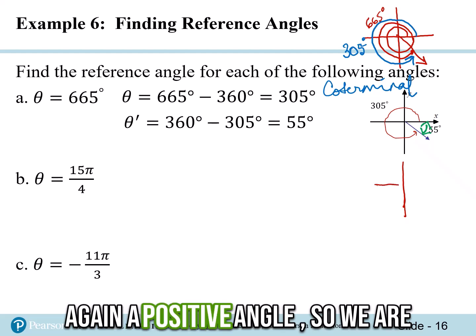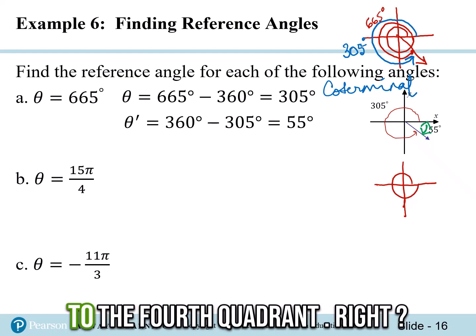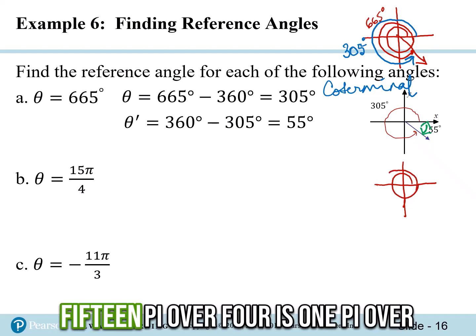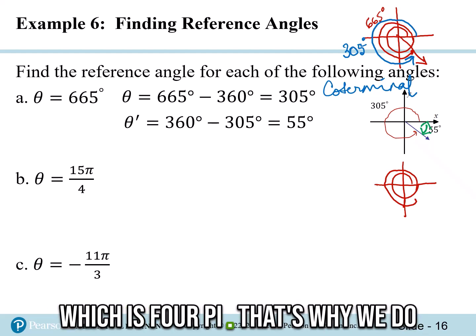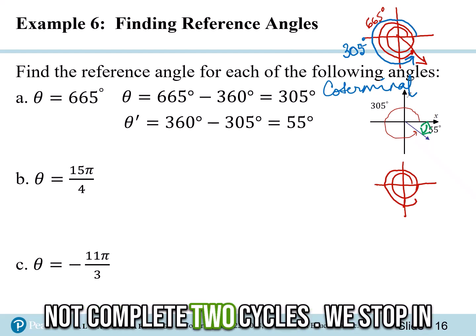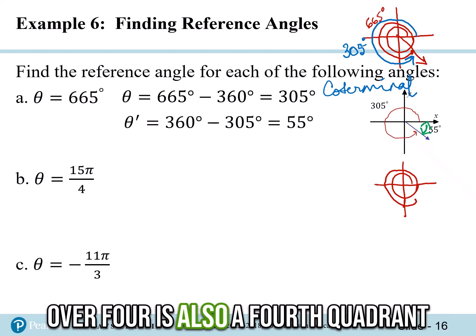This is again a positive angle, so we are going in the counterclockwise direction, complete one cycle and then continue around to the fourth quadrant. 15 pi over 4 is 1 pi over 4 less than 16 pi over 4, which is 4 pi. That's why we do not complete two cycles, we stop in the fourth quadrant. So 15 pi over 4 is also a fourth quadrant angle.